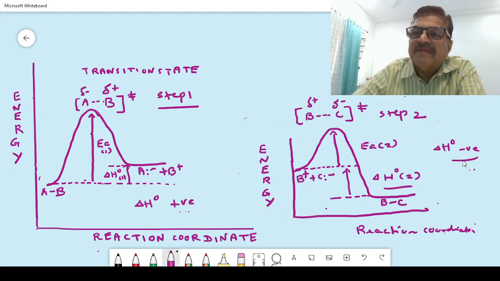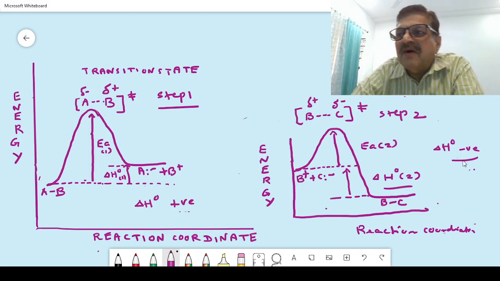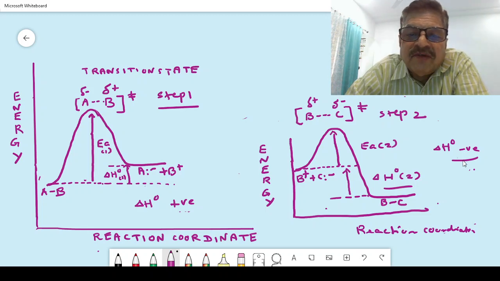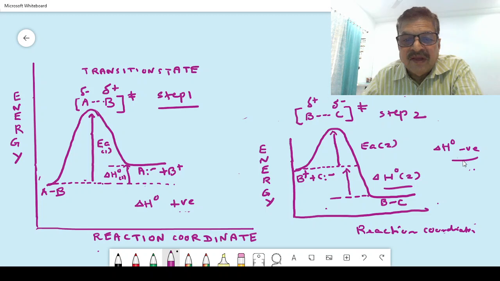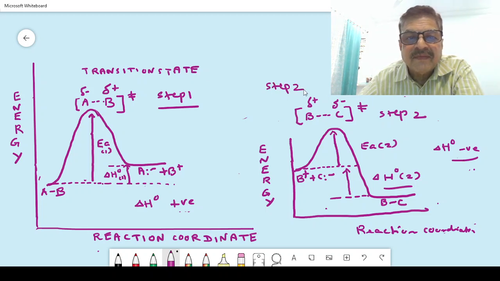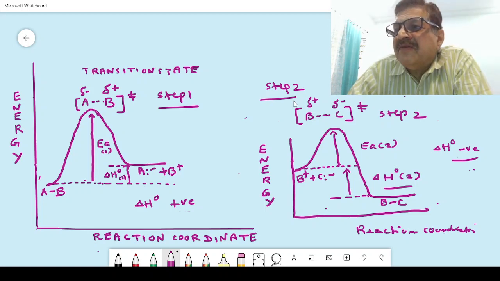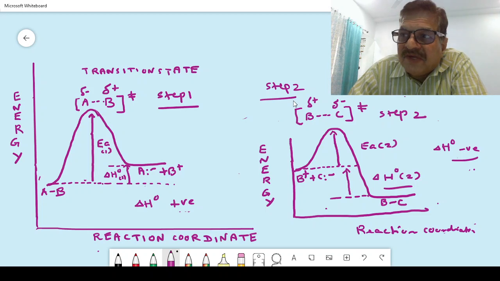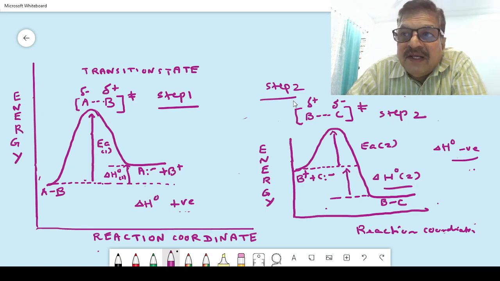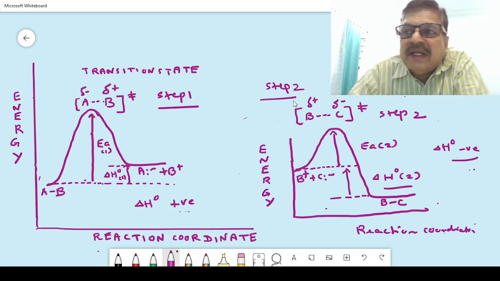Now I will show the overall process, how it will be, that is a combination of both steps, step 1 and step 2. Since the reaction has 2 steps, there are 2 transition states here. Each corresponds to a separate energy barrier.